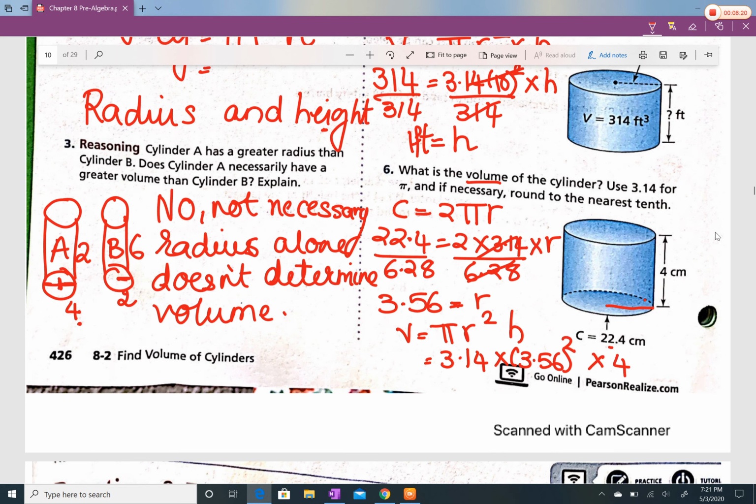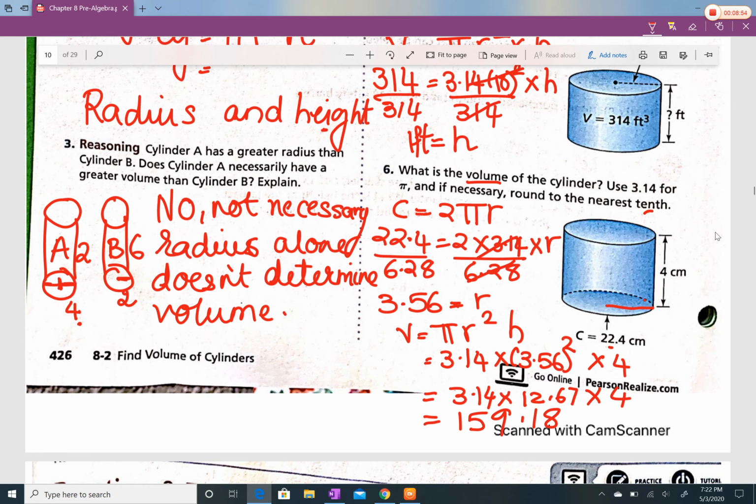So first you always do the 3.56 times 3.56, which you get as 12.67, okay, times 3.14 times 4, and you get 159.18.